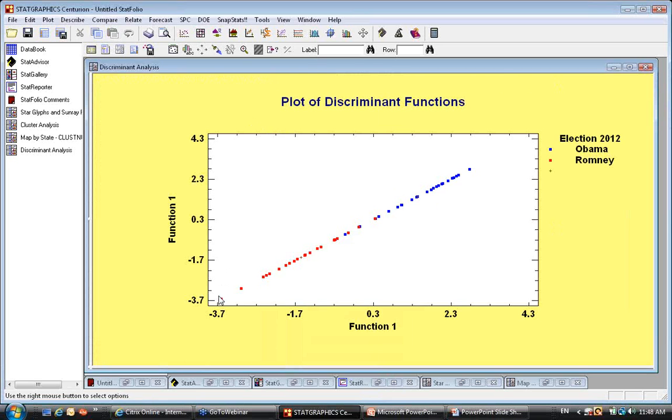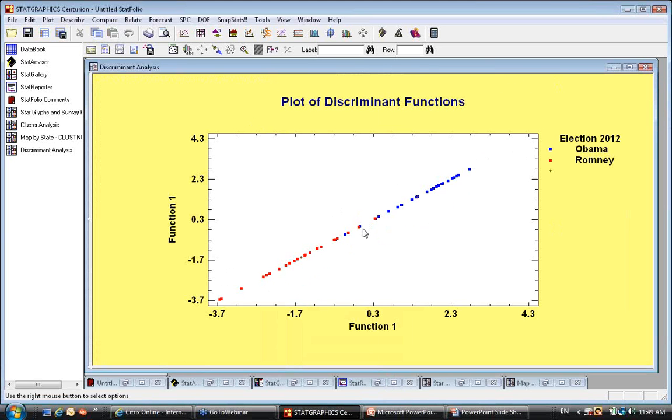The discriminant function goes from a low of about minus 3.7 to a high of about 3. It's color-coded, blue for the states that went for Obama, red for the states that went for Romney. And you can see there is a line around 0 which does a pretty good job of dividing the blue states from the red states.